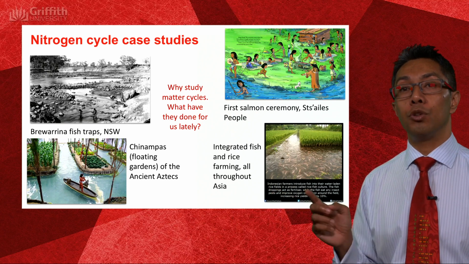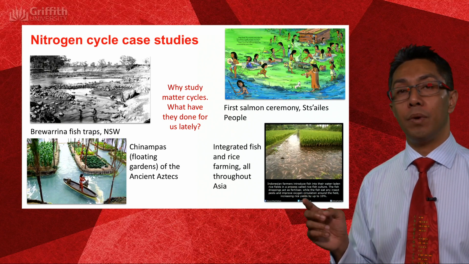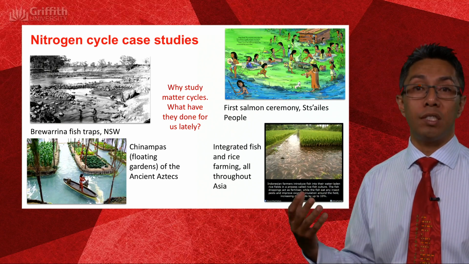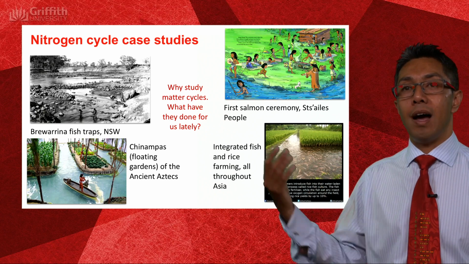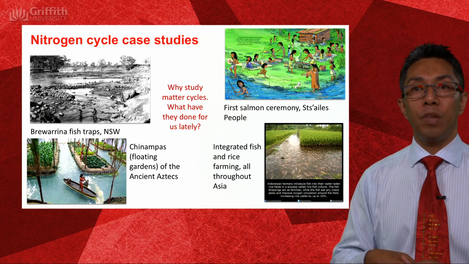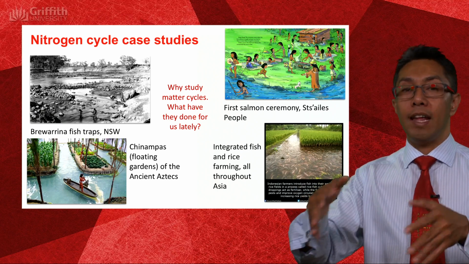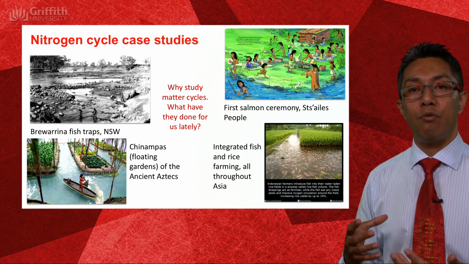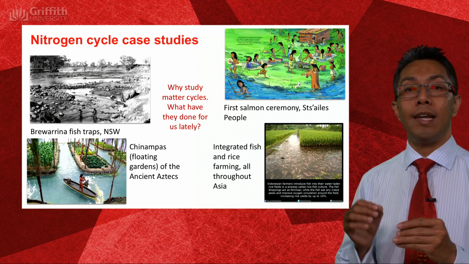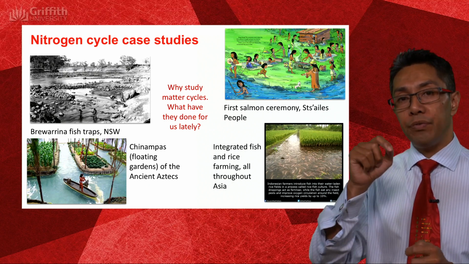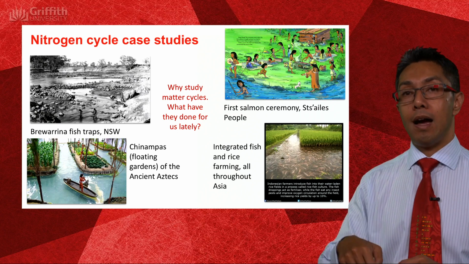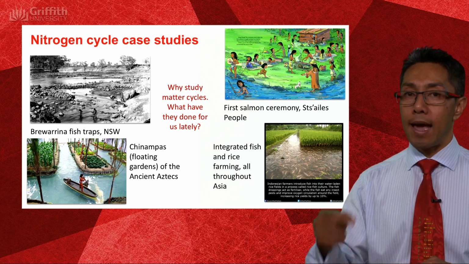Now this was taken to another level over in Asia, where they have integrated fish and rice farming. So, a rice farmer would allow fish to come in to his rice paddock. Now, certain types of fish didn't harm the rice, but were just going around eating all of the predaceous insects, eating insect larvae, eating the adults.